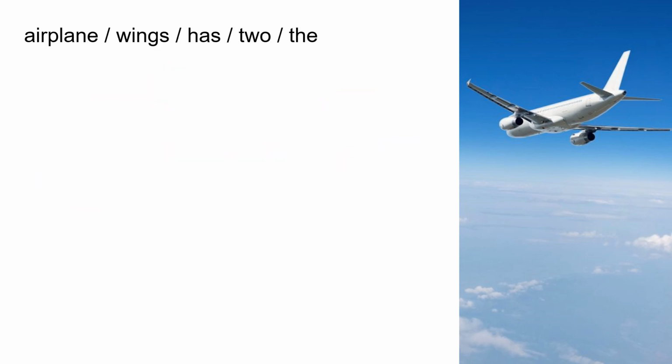Now, this sentence is a third pattern as well. The third pattern is subject, verb, and object. Which one is the subject? Wing is a noun, airplane is a noun too.